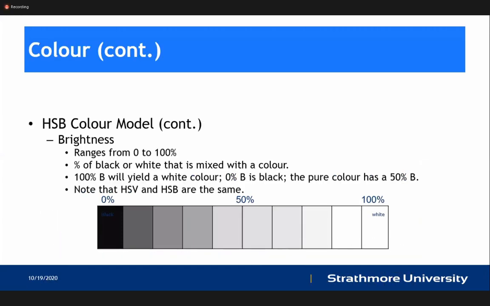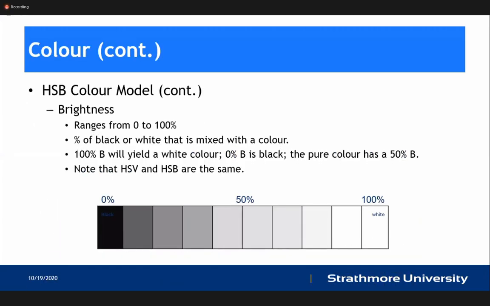The brightness ranges from 0 to 100. When brightness is at 0%, any color actually gets dark. When brightness is at 100%, any color has too much white in it, and it gets whiter.